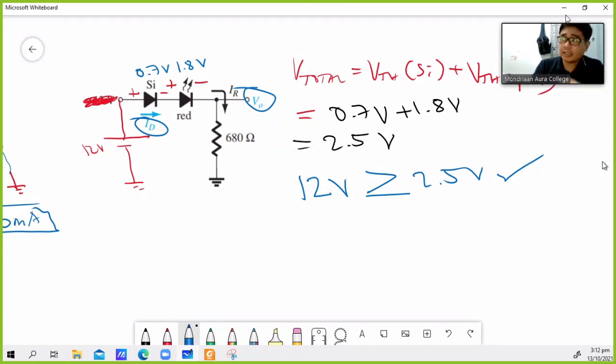Yung test point natin, kung titignan natin, that is the voltage across the 680 ohm resistor. So sinusukat natin basically yung voltahe across R. So that is V sub R. Therefore, V sub R is also your output voltage. Kung anong voltahe ng resistor natin, siya rin ang voltahe ng output voltage natin. Kasi nga yung test point natin nakalagay dun sa taas.